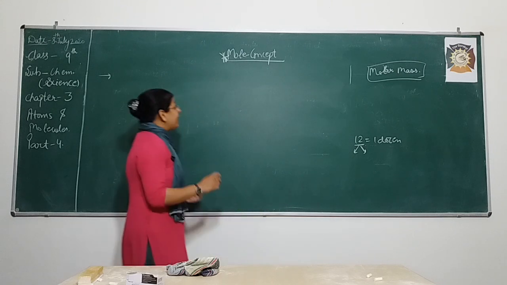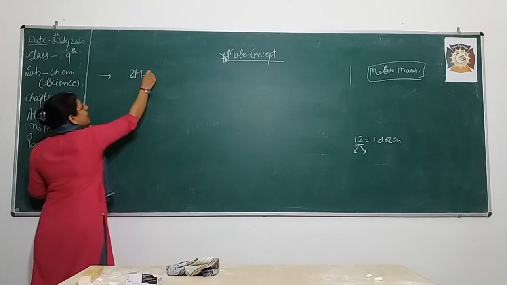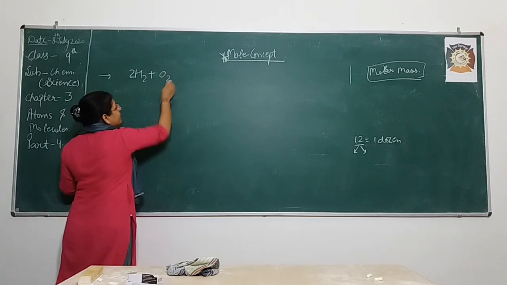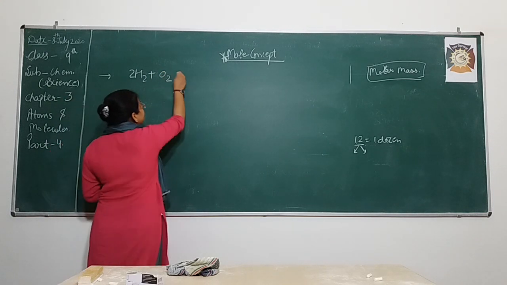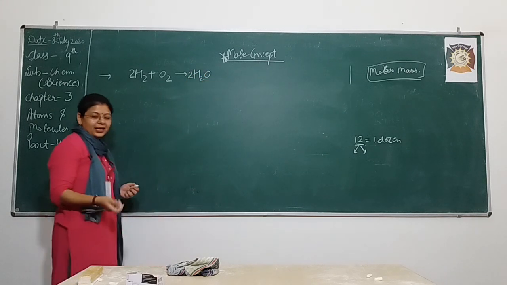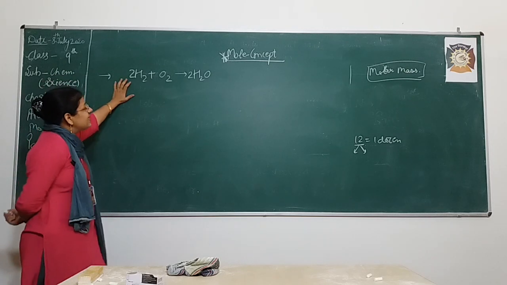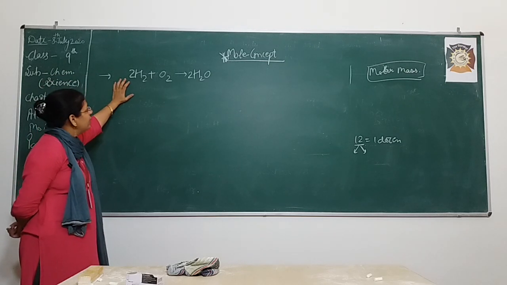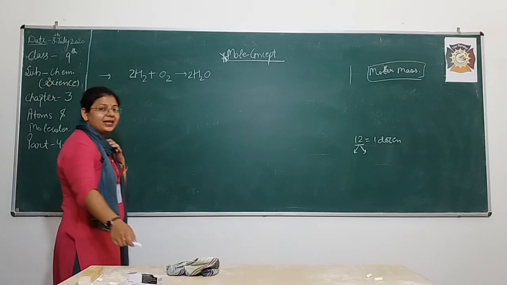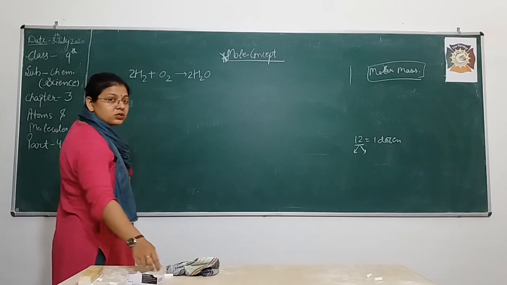That means in chemistry we are dealing with reactions. Like here, 2 H2 plus O2 lead to the formation of 2 H2O. In chemistry, we deal with chemical reactions. Just by seeing the chemical reaction, can you tell how many grams of hydrogen I require to react with oxygen?